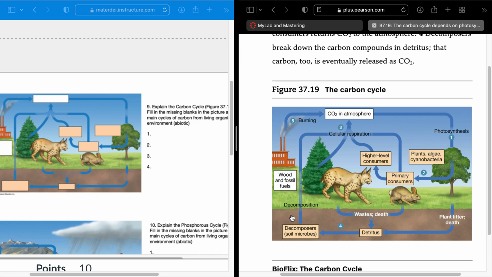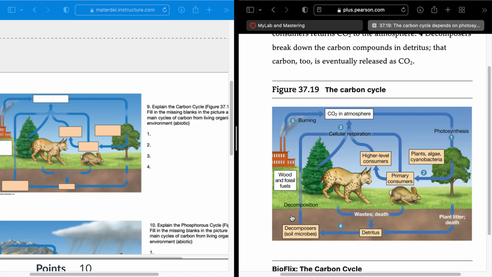Not everything you eat goes into your muscles and your tissues. So it's in the feces, it's in the waste, goes back into the soil. So that's what these lines are for. When animals die and when they are giving off waste, number 4, waste and death, we'll put it into the soil, and that decaying matter is called detritus. So that word right there in that box is detritus.